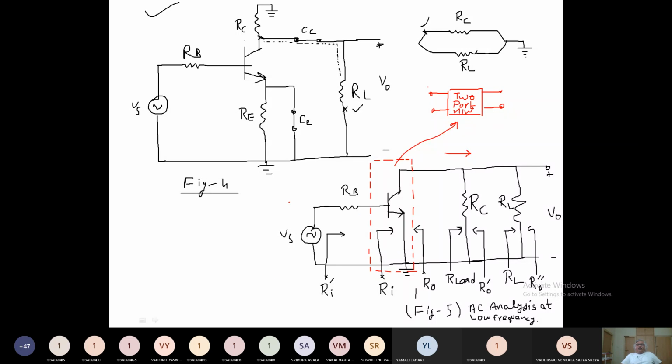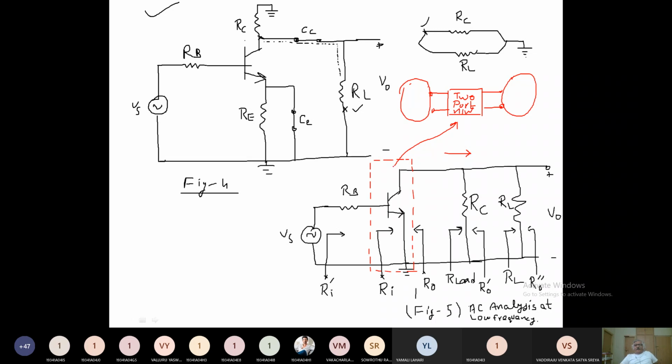So if we are able to find out the model of this red colored box, then our life will be easy. We can simplify things very easily because in this portion you can connect some external circuitry, which will be resistors connected in parallel, or capacitors, whatever is connected, and you do the analysis.